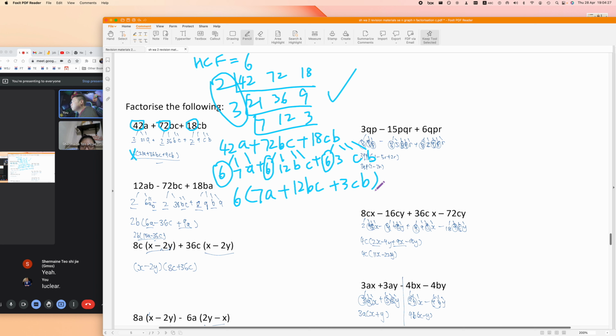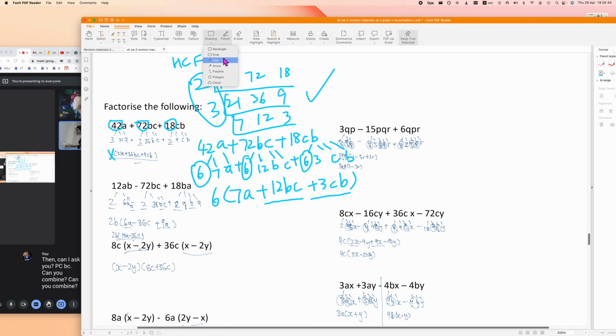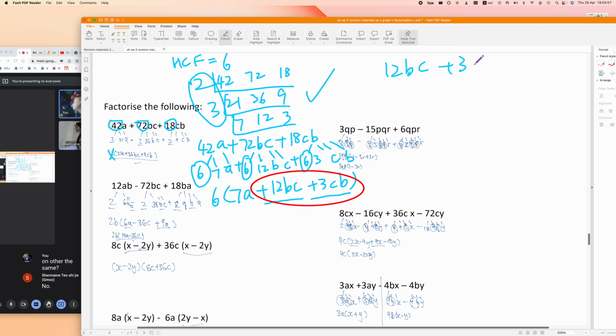Then can I ask you, BC, can you combine? Can you combine these two terms? Are they similar? No. Why not? BC and CB, are they the same? No. 12BC plus 3CB.